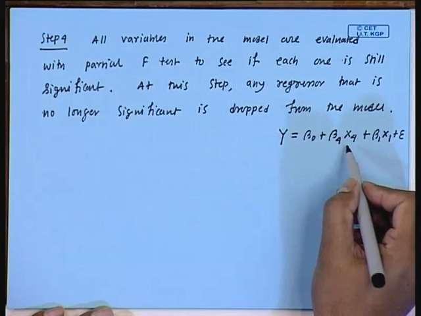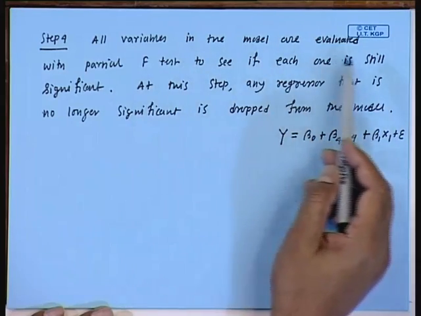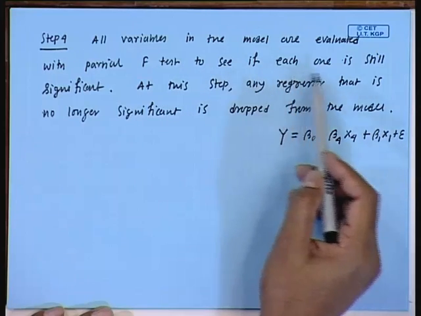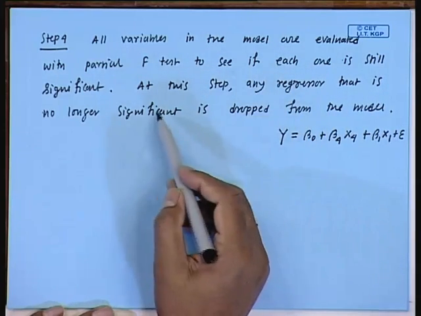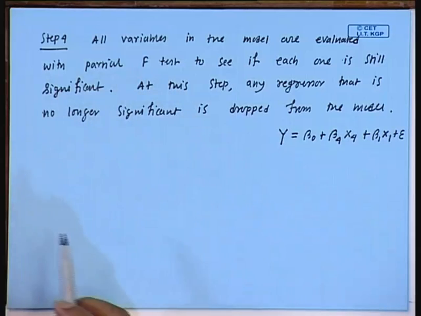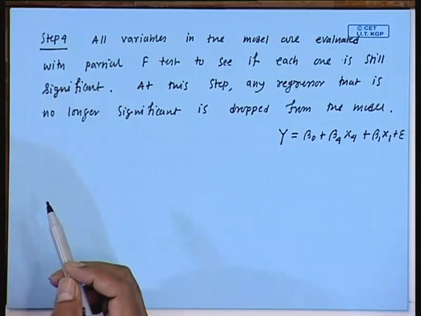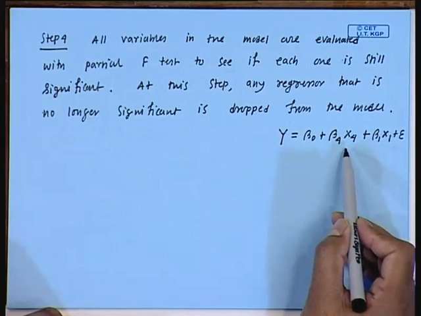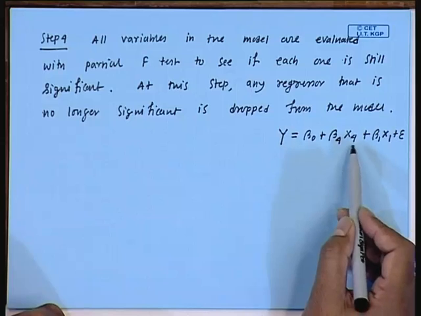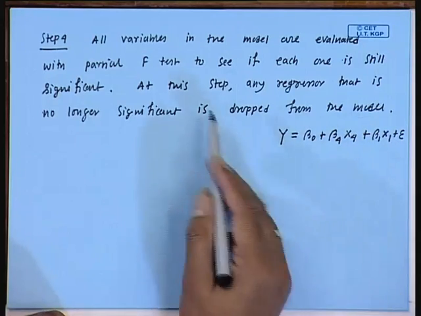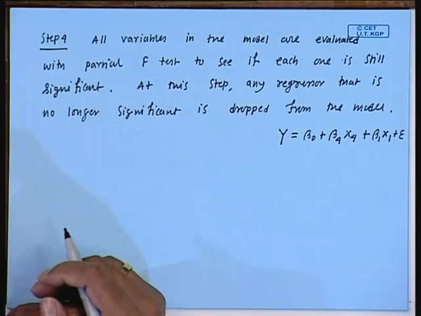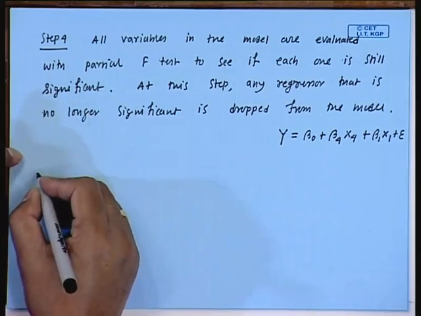That is why all variables in the model are evaluated with the partial F test to see if each one is still significant, and any regressor that is no longer significant is dropped from the model. So, in the presence of x1, if x4 is not significant, then we will drop x4 from the model. This is what we call checking for a possible exit at step 4, and the next step is the stopping criteria.